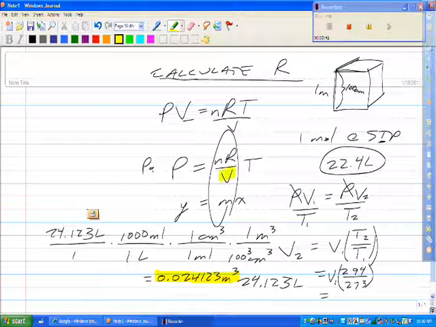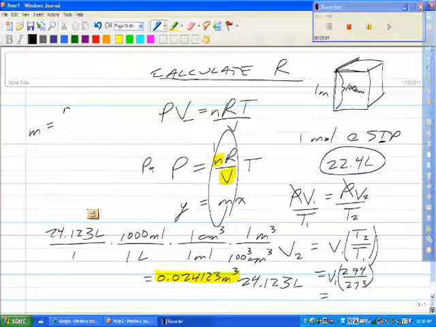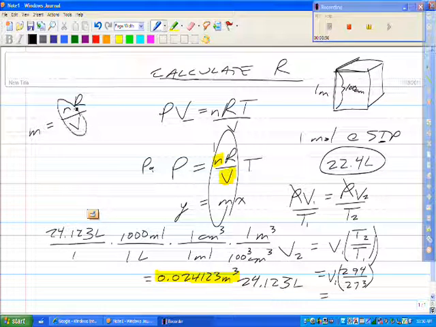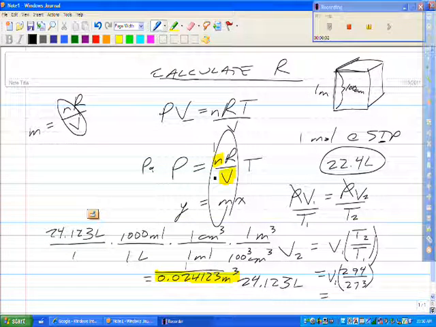That then is the volume of how many moles? 1. So when I look at this, the slope is equal to nR over V. That ratio of n over V is 1 over that.